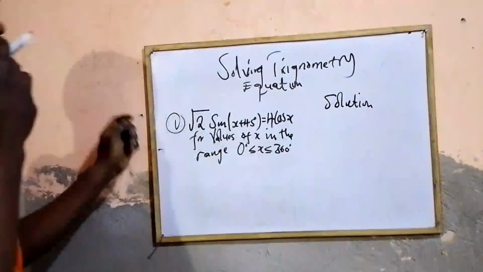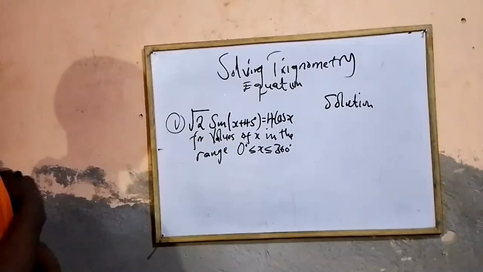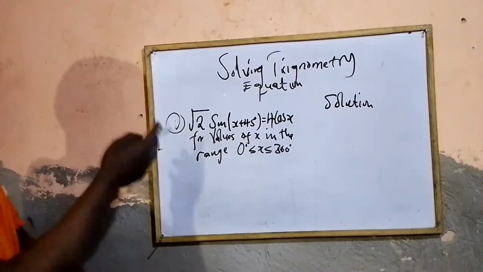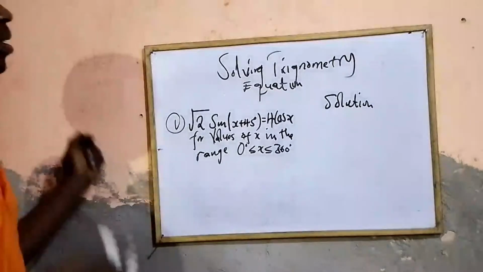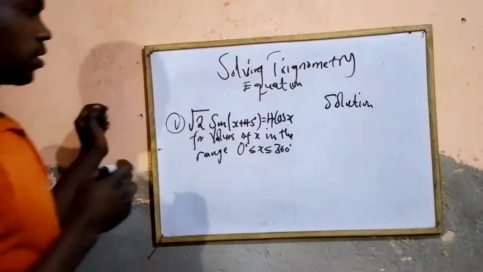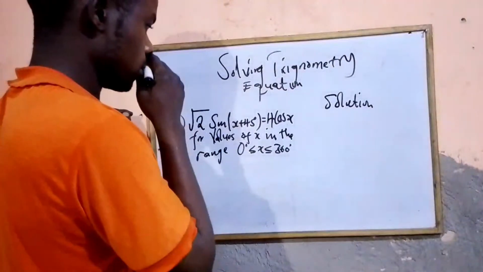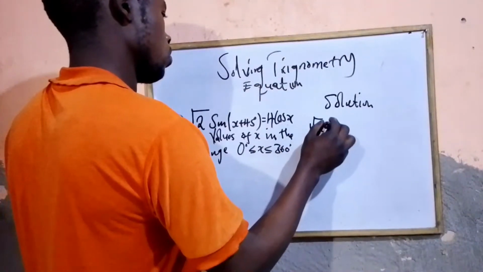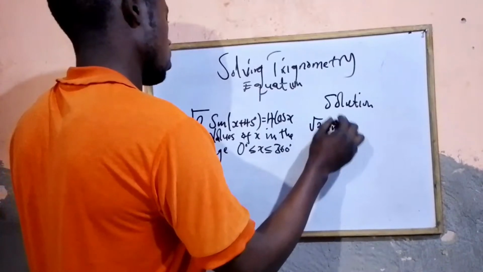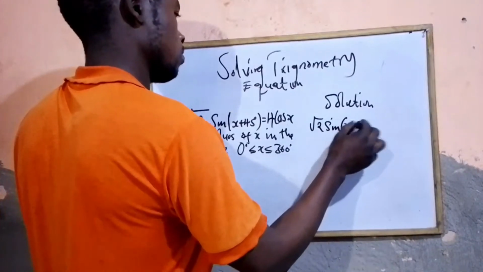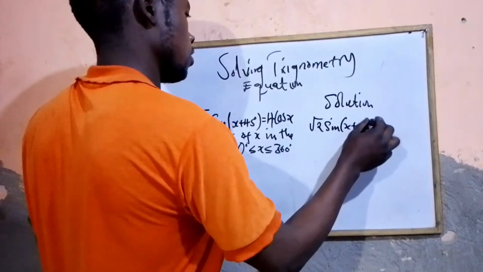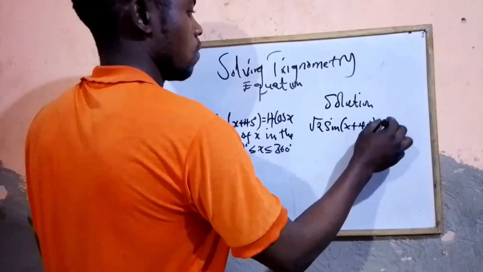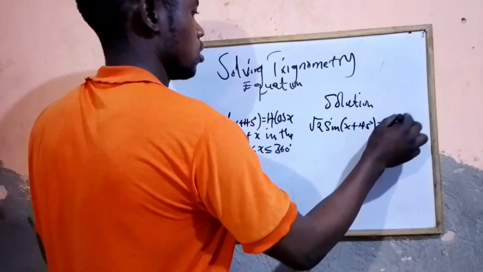If you've already done multiple angles, it will be easier for you to understand this kind of question. Here we have root 2 sine open bracket x plus 45 degrees, which equals 4 cos x.